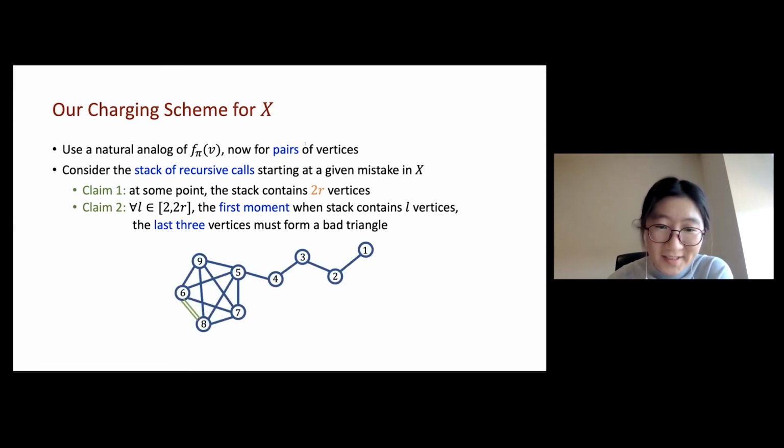So back to this example, we start the recursive query process from this mistake 6-8, and we recursively make queries along this path, and eventually we will find this bad triangle at the end of this path.